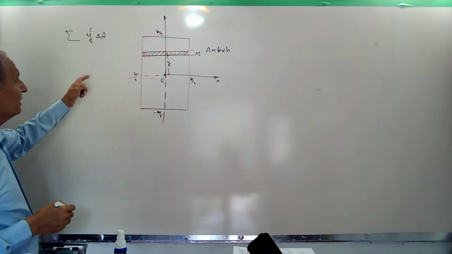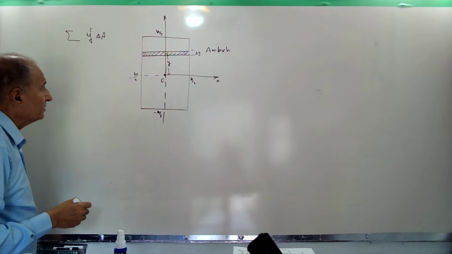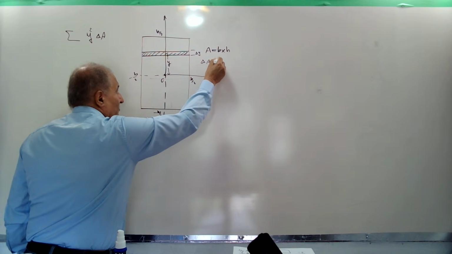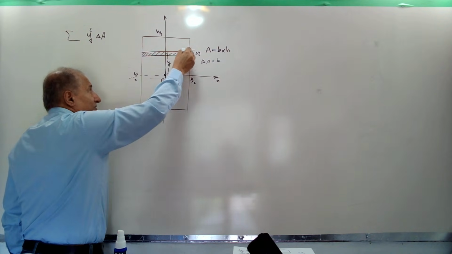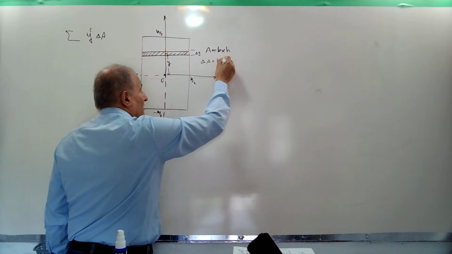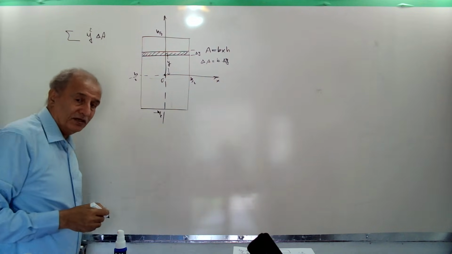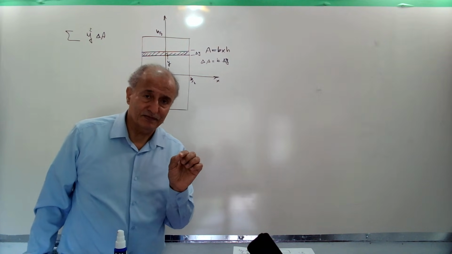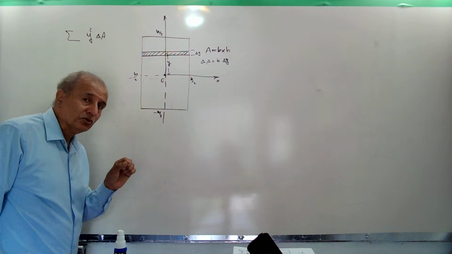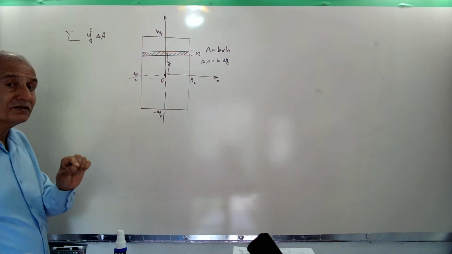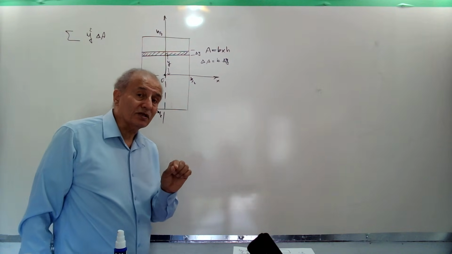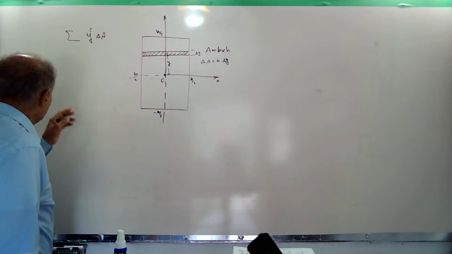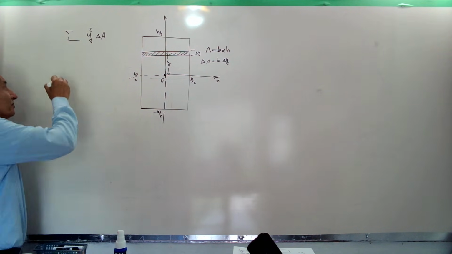Then the area here is width b times height delta y. If we make them very tiny, delta y changes to very close to 0, but not 0, we call it dy, and write it in integration form instead of a summation.